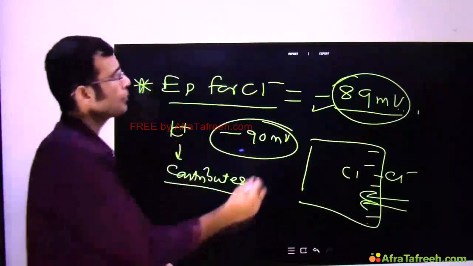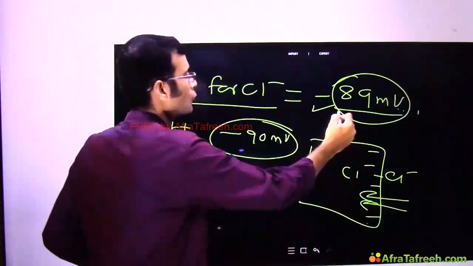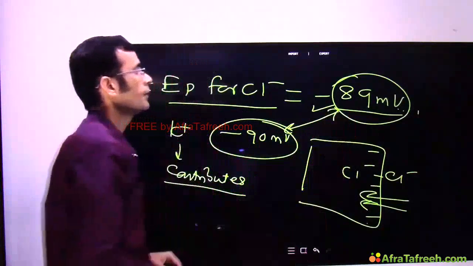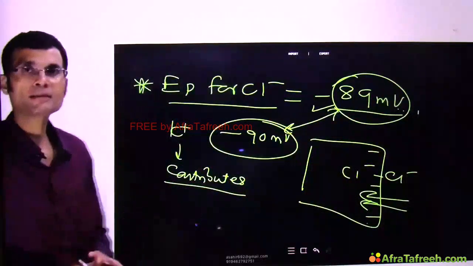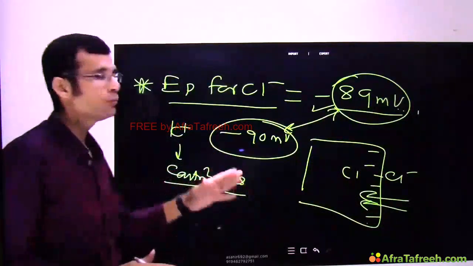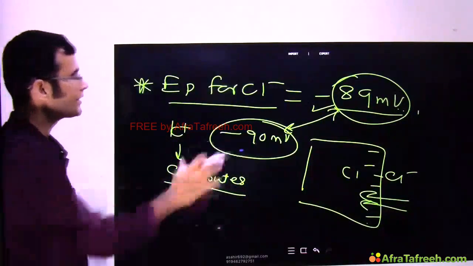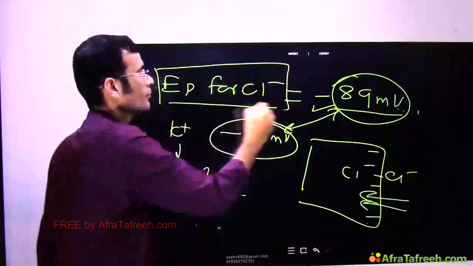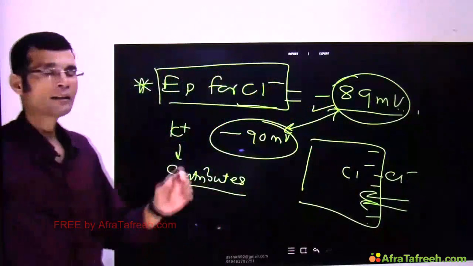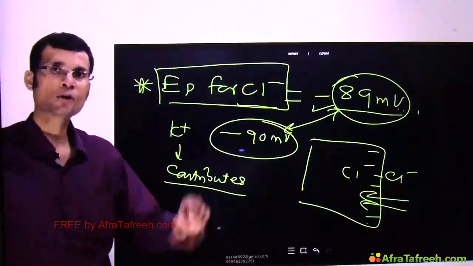And the equilibrium potential for chloride is so close that it means chloride hardly moves. Chloride remains in equilibrium. That's the meaning of this particular value, that potassium is the greatest contributor.